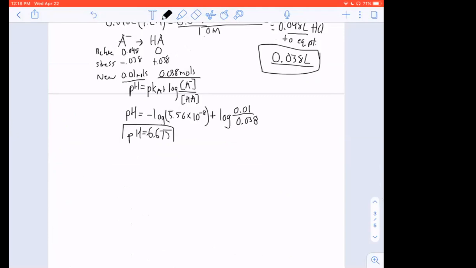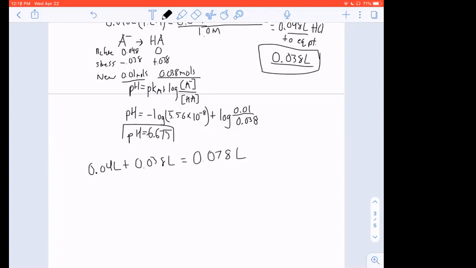We said that, so we're in moles right now, you do have to find the concentration at this point. To find the concentration, all you'll do is divide the number of moles by the total volume. The total volume is going to be the original volume, which was 0.04 liters, plus how much we've added, which is now 0.038 liters, for a total of 0.078 liters.